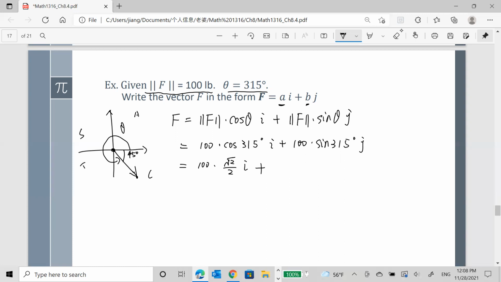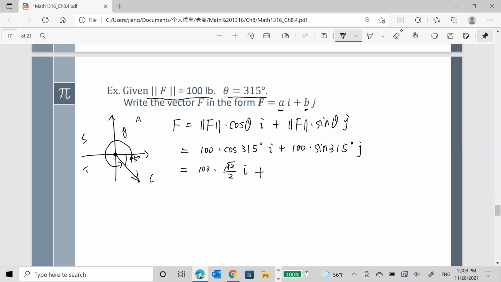In the fourth quadrant, sine is negative, so it's 100 times negative sine 45 degrees, so 100 times negative square root 2 over 2 j. Simplify: this is 50 square root 2 i minus 50 square root 2 j, because it's minus here. So this is the final form.